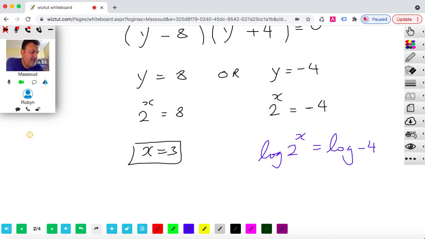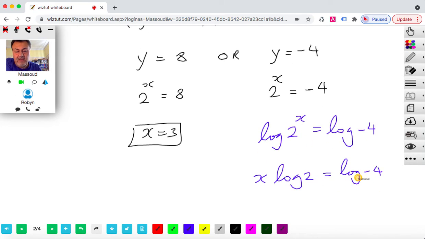Although that side will still work perfectly, so x becomes a coefficient, and this is log 2, this is log -4, and we're not allowed a log of a negative number. If that was a doable thing, then x would have been this log divided by this log, and that's generally how you would solve them. But this is not an acceptable answer, so that doesn't have an answer. And the only answer to this equation is x equals 3.